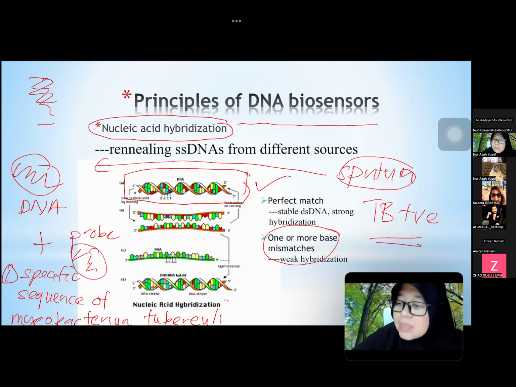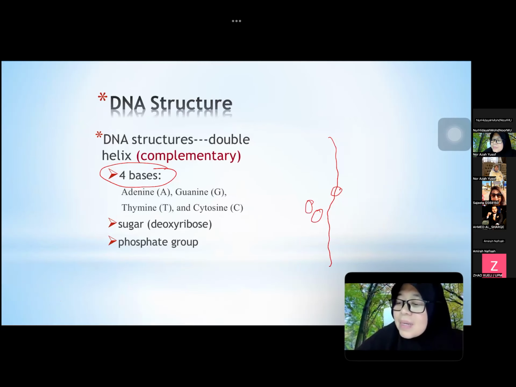The process is called hybridization. So this is a perfect hybridization, and it is a perfect match. So in a DNA biosensor, we have to design how to detect whether it's 100%, 60%, 70%.